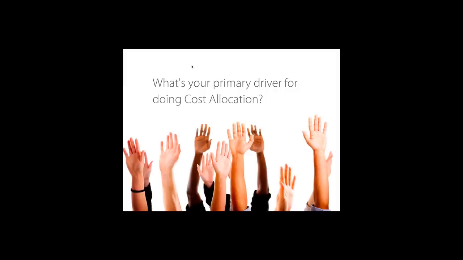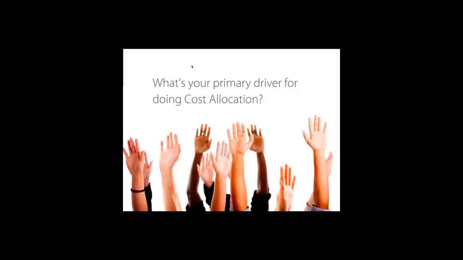Another common use case that Kyle mentioned is charging back costs internally, particularly in an environment where you've got shared resources within Amazon. You want to make sure you can do that so that you know which department is spending which money. We also see people doing a combination of all of these, or some other sources as well. Curious to hear what in particular the group on the line is using cost allocation for.